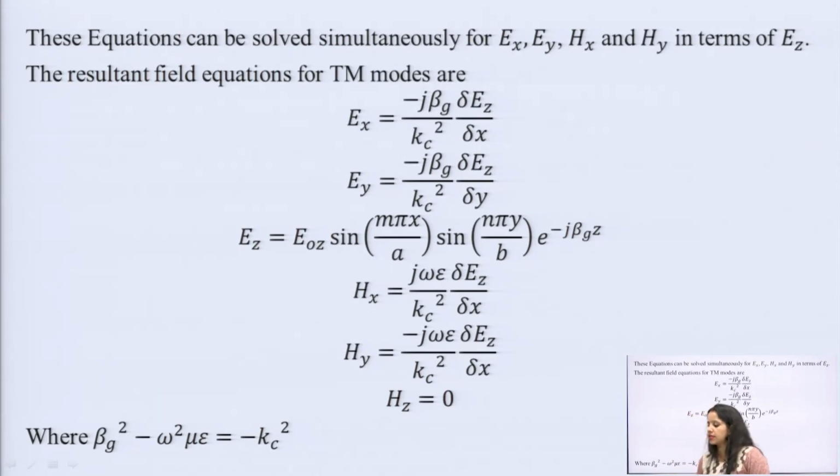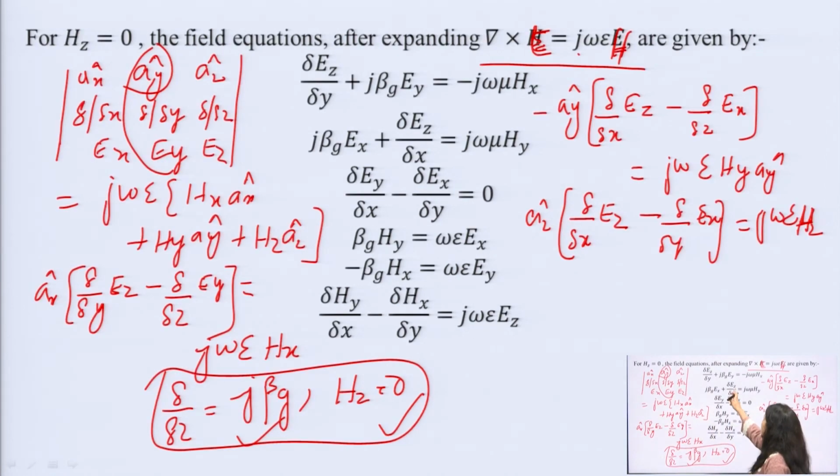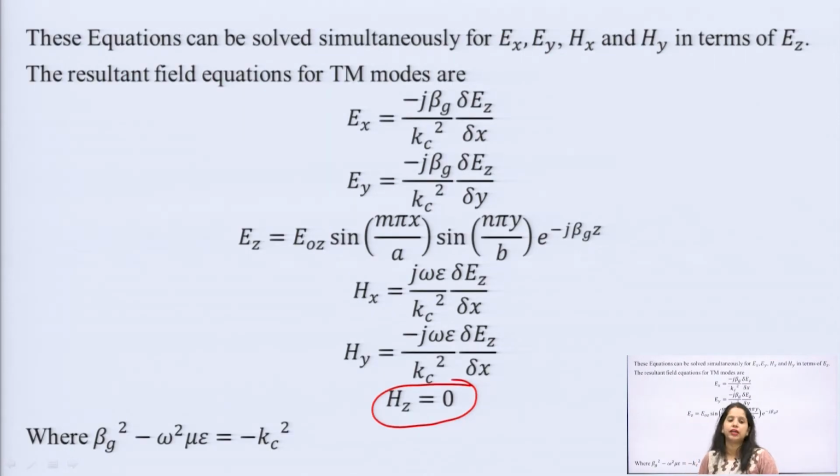Our next step is to calculate the Ex, Ey, Hx, Hy components, with Hz equal to 0. From the last expression, solving the equations one by one as we have done in the TE mode of a rectangular waveguide, we will be able to get the expressions of Ex, Ey, Ez, Hx, Hy.